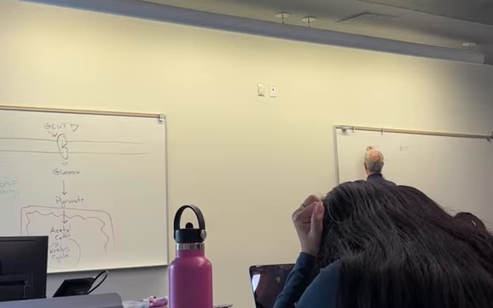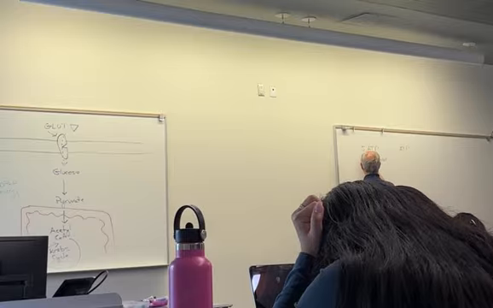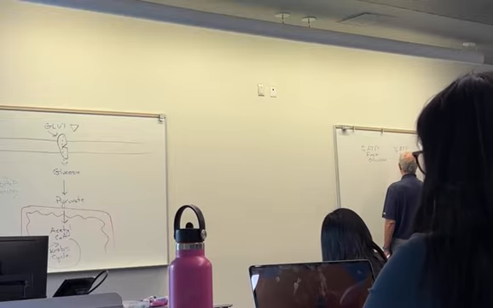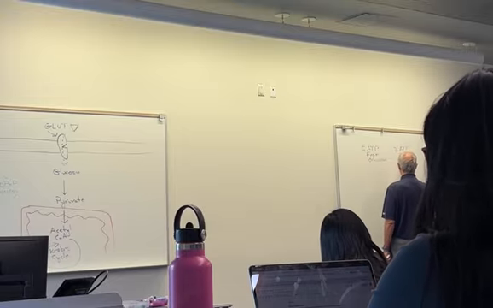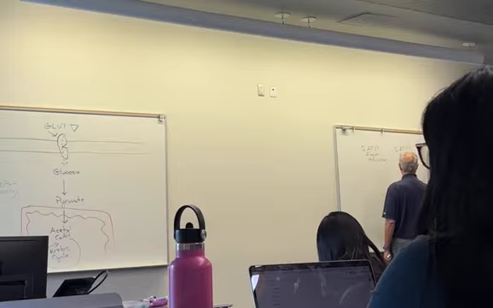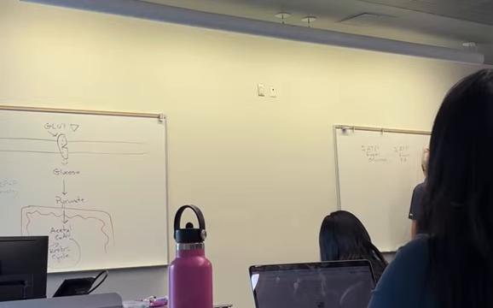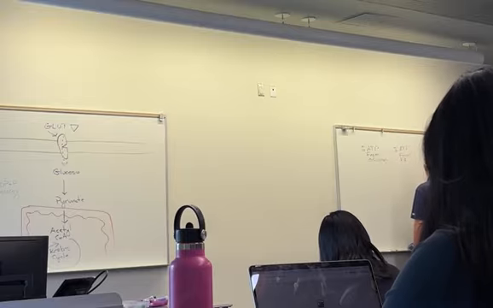I'm going to put percent, just so it's clear. Percent ATP from fatty acids, FA for fatty acid. And I'm going to put over here in the third column, respiratory quotient.